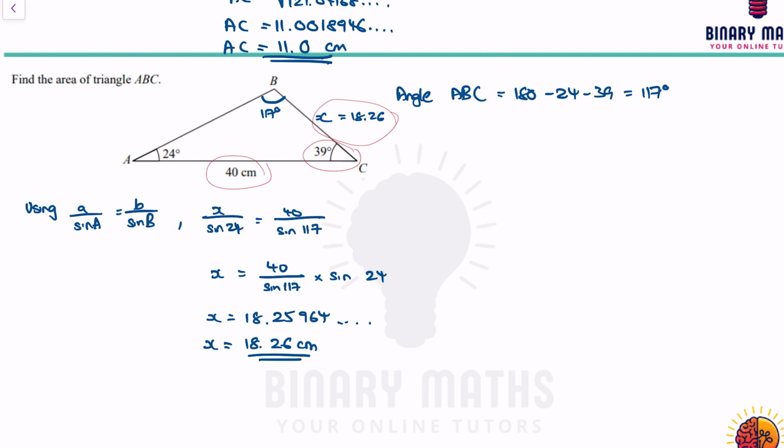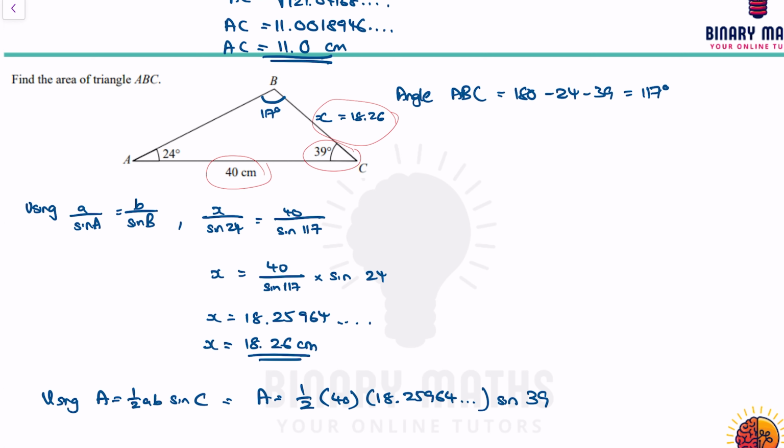So using area is equal to half ab sine C, area must be equal to half times 40 times, let's use the non-rounded version, 18.25964, just for accuracy levels, sine of 39.